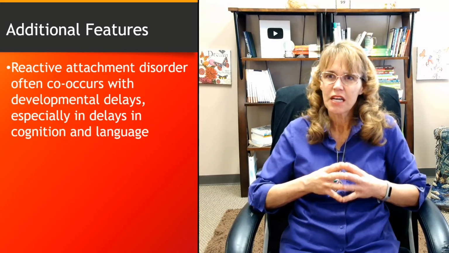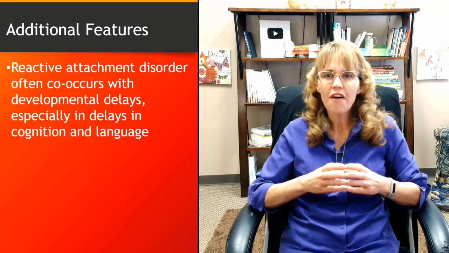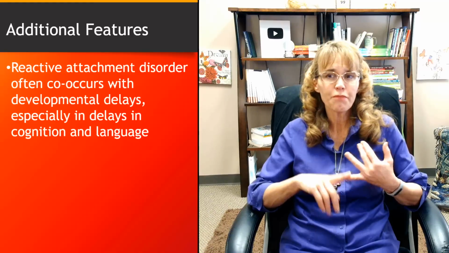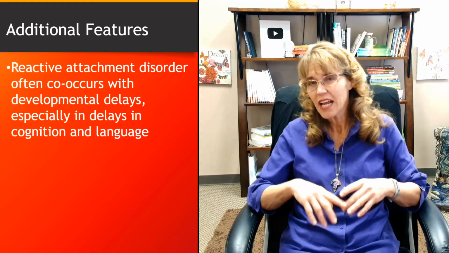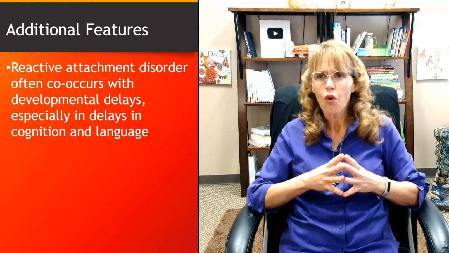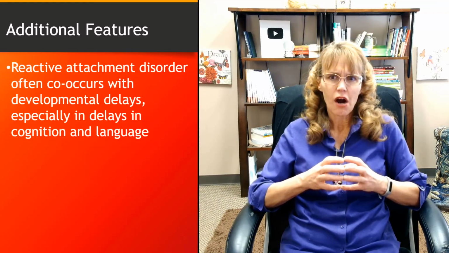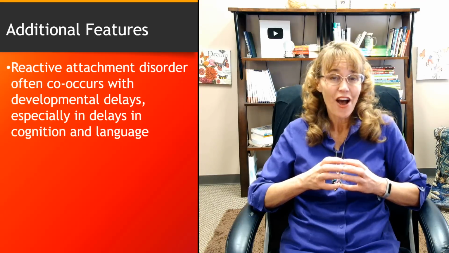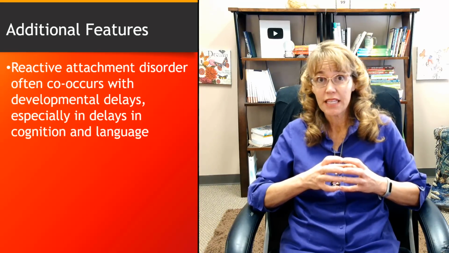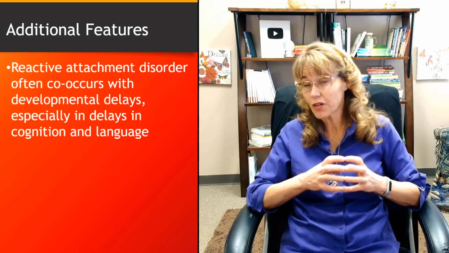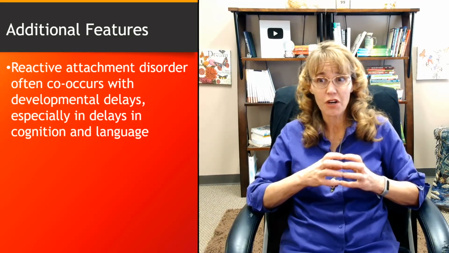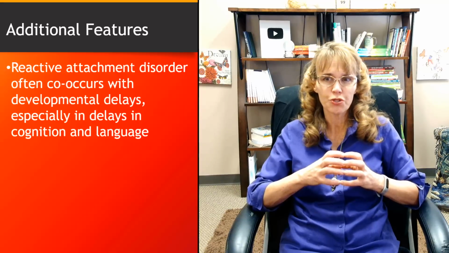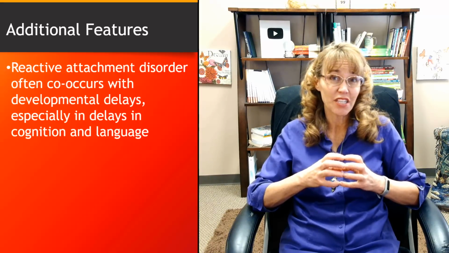Additional features. Reactive attachment disorder often co-occurs with developmental delays, especially delays in cognition and language. I think this is interesting. Why might this be? Are the developmental delays causing the reactive attachment disorder, or does the neglect that precipitates the behavior also contribute to delays in cognition and language?